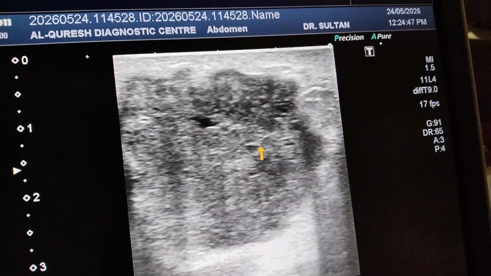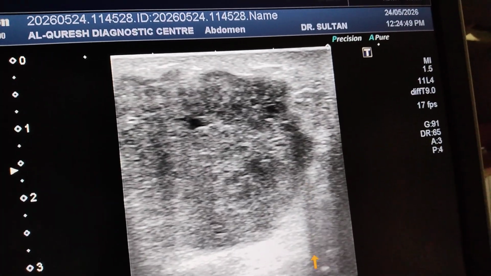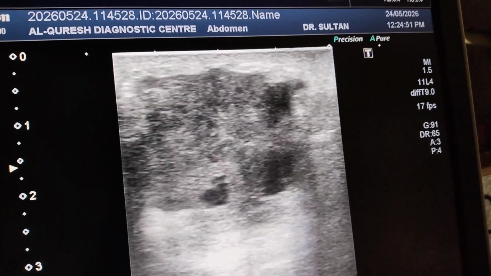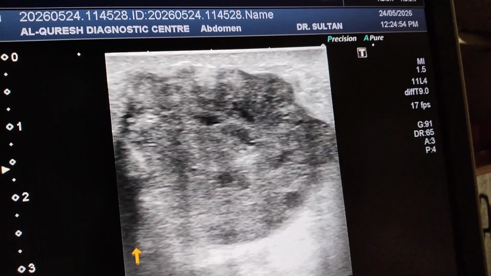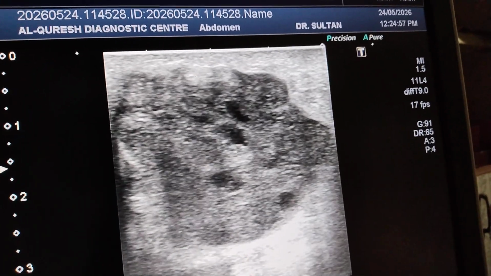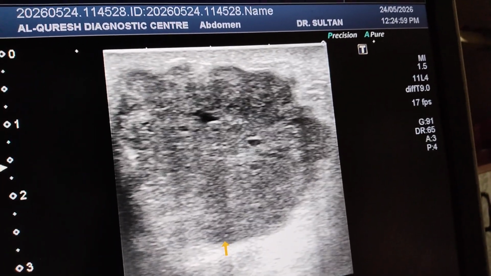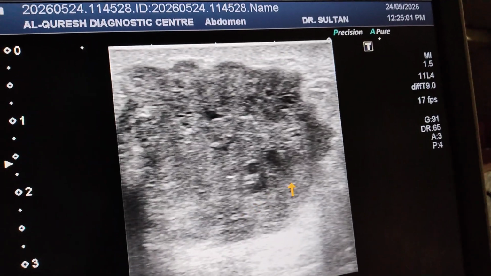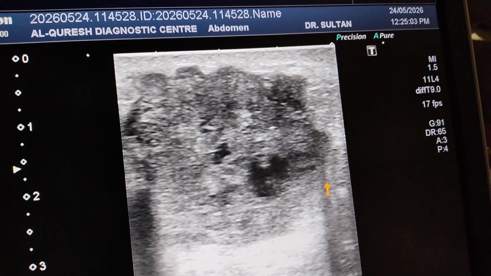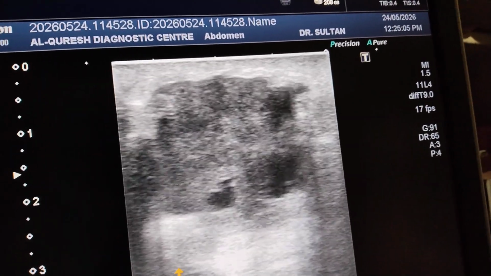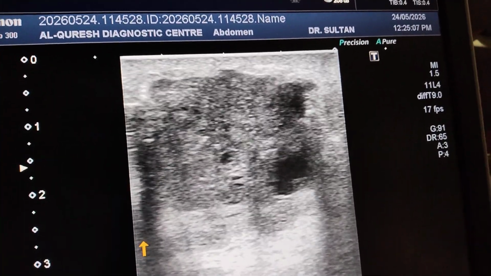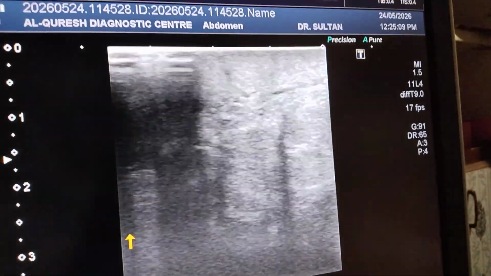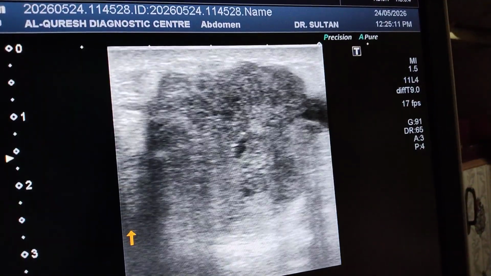And look at the acoustic shadowing at the periphery, at the margin, while it is giving enhancement at its mid portion. So this is all about the mass.